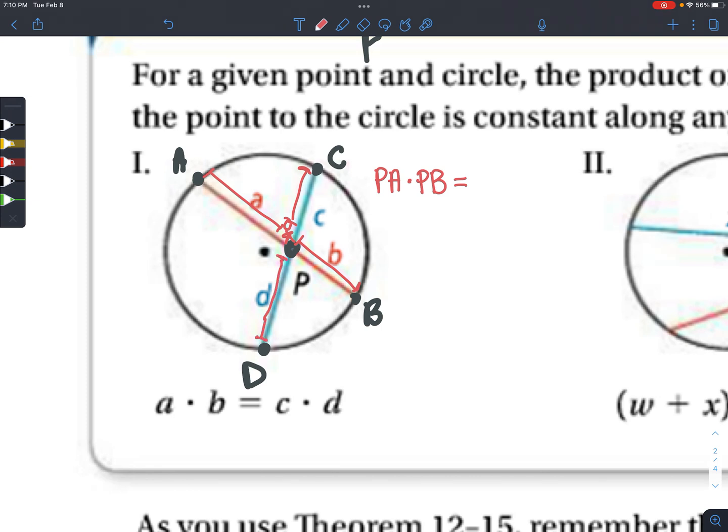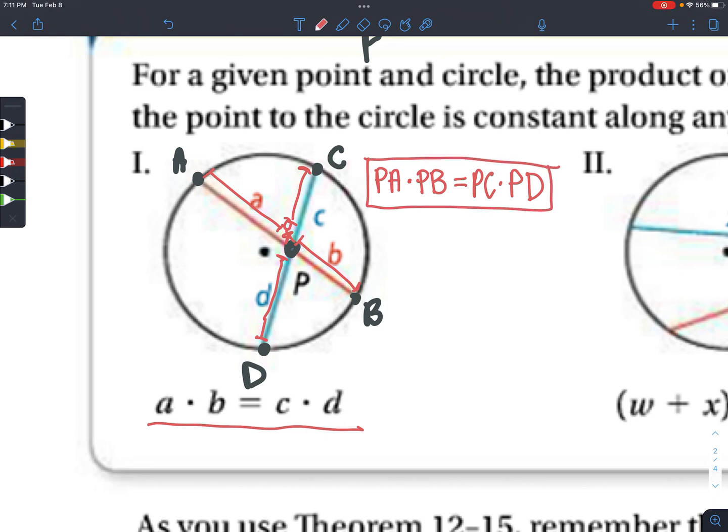So PC times PD. And we do have the tools to prove this. You know, it's a little complicated, but that's the idea. And they summarize it here with letters. They say, hey, just take A times B equals C times D, which is super nice.